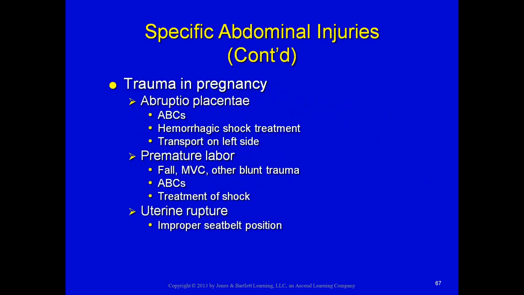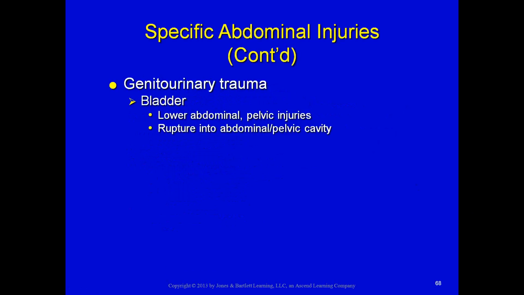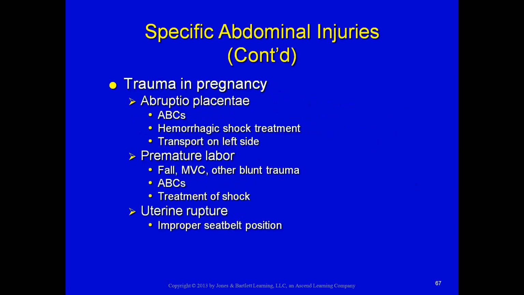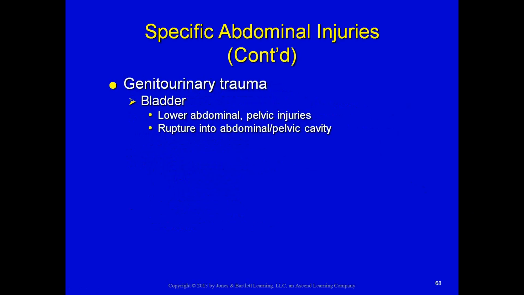In those particular cases, when we're dealing with uterine rupture, you want to resuscitate the mother, as in the case of abruptio placenta. The fetus certainly is at risk of demise, but if we resuscitate the mother, we resuscitate the fetus.